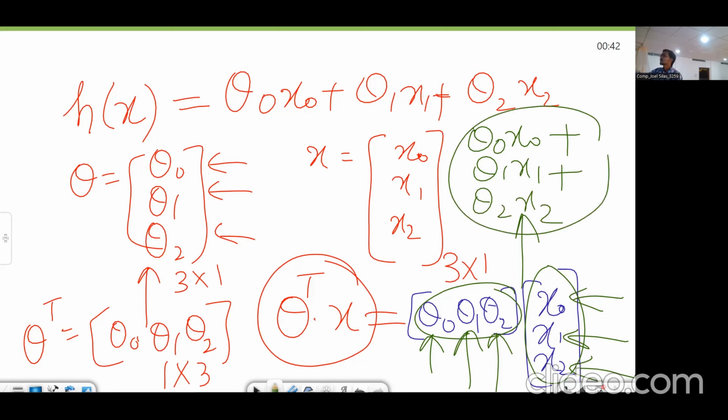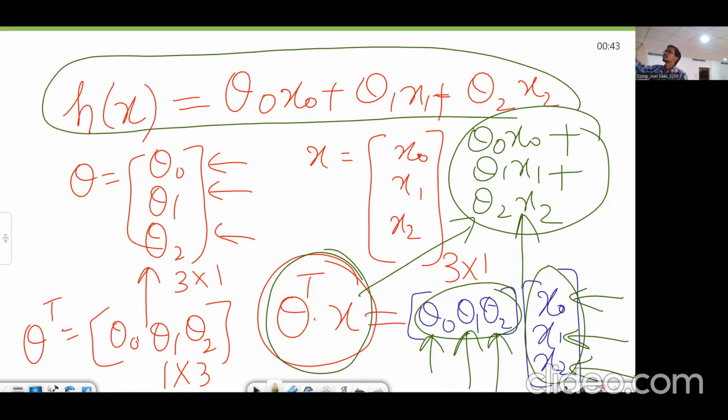So on performing the matrix multiplication between theta transpose and feature vector x, we get this answer, which is nothing but our linear equation. So that is why, for matrix multiplication simplicity, we write an x0 over here multiplied with theta 0. Or instead of x0 over here, you can directly put the value as 1. That is the idea behind this.